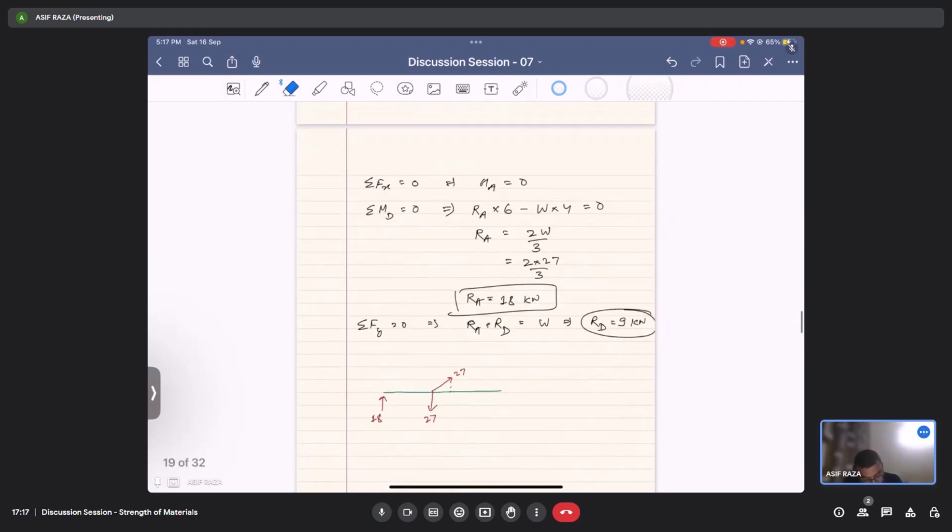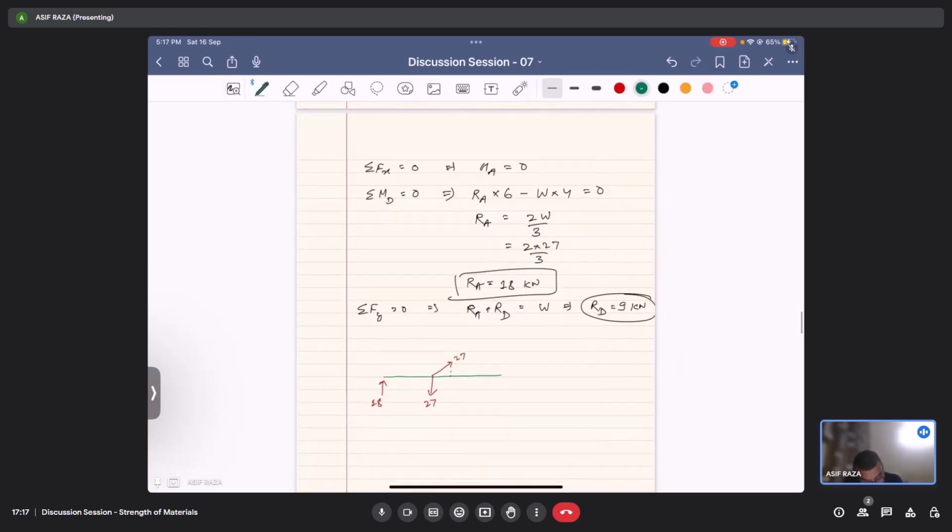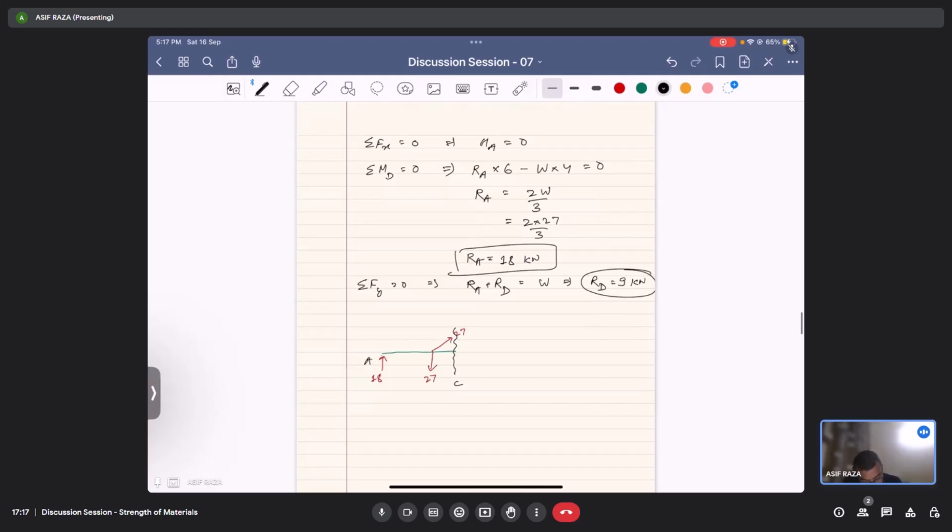So till here only I'll just draw this. Okay, this is C, this is A, this is B. We are given this as 1.5 and this as 2, right?